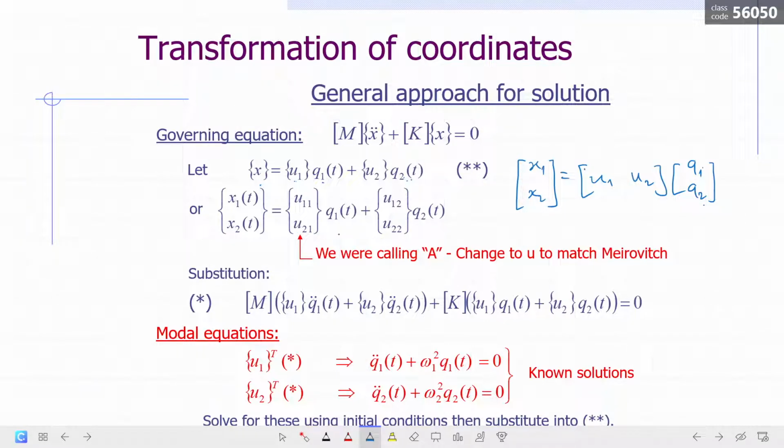When we transform like this, because this is a kilometer and this is a kilometer, that's why we can write down u11, u21 and u12, u22 like this.